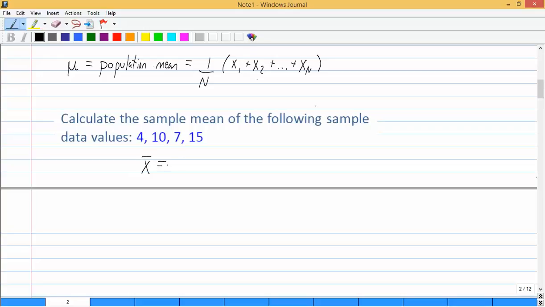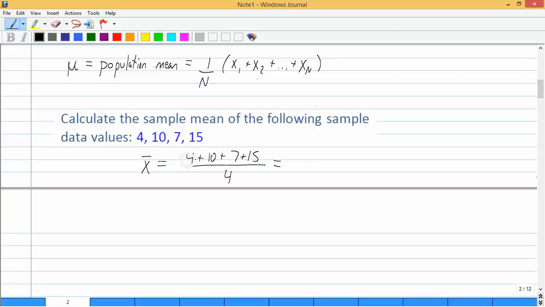So x bar is going to equal the sum of all of the data items: 4 plus 10 plus 7 plus 15, divided by the number of data items, which is 4.